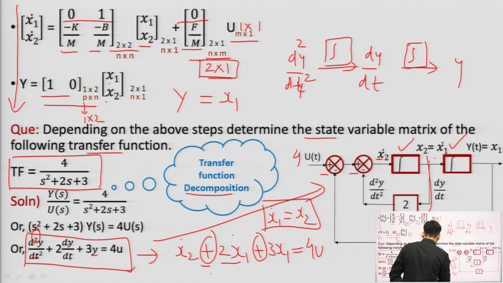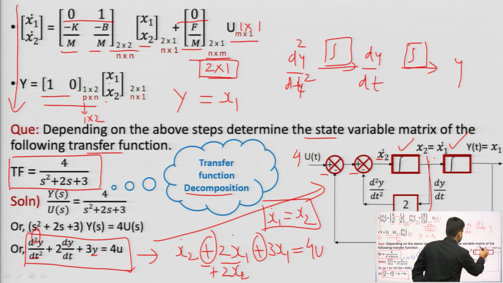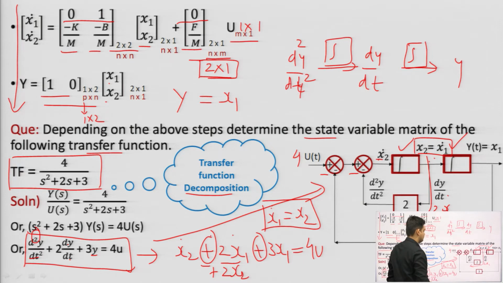So, I can say it is plus 2 x 2 instead of x 1 dot, only to simplify, right. Here dy by dt is x 1 dot, whenever I differentiate this x 2 dot, I will get x 1 dot, and 2 of x 1 dot is available to this adder. So, this function is completed.